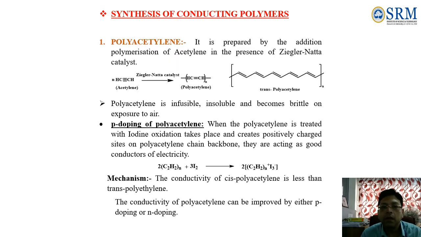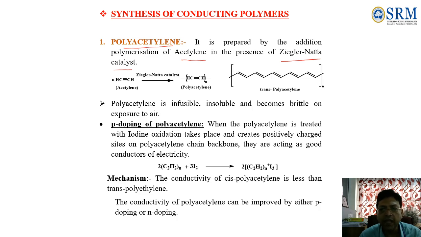So we'll talk about the synthesis of conducting polymer, and also we'll talk about how p-doping and n-doping take place in the conducting polymer. That means the mechanism. So we all know that polyacetylene is a conducting polymer. How can it be synthesized? It can be synthesized by the polymerization of acetylene in the presence of Ziegler-Natta catalyst.